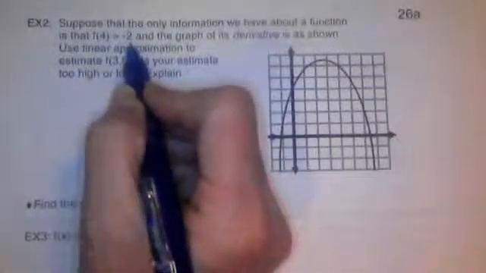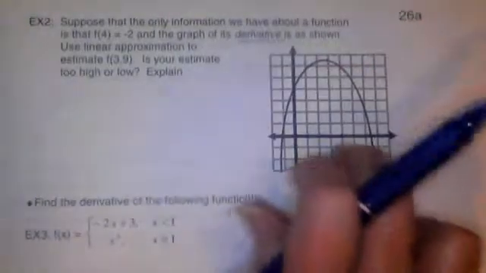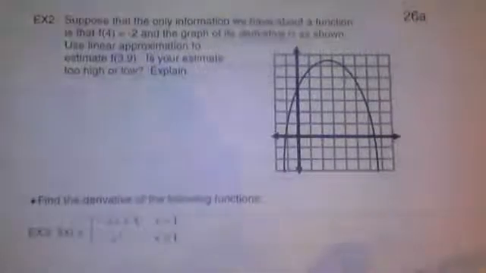So in this example, they say, suppose that the only information we have about a function is that f of 4 equals negative 2, and the graph of the derivative is this graph that's shown. And it wants us to use linear approximation to estimate f of 3.9, and then determine if our estimate is too high or low.